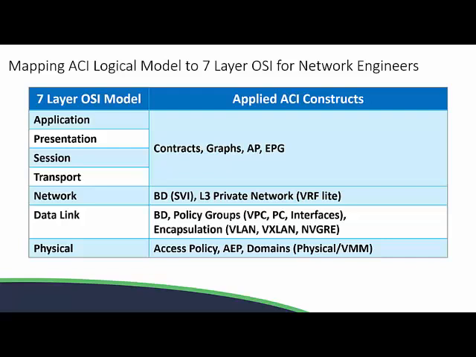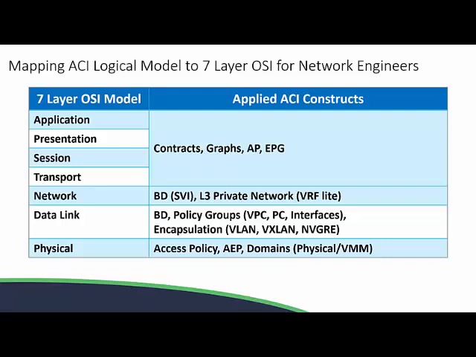As you can see, at physical layer 1, we have our access policies, AEPs, domains, which we will cover. Data link, layer 2, bridge domain, policy groups, VPC, port channels, interfaces, and encapsulation, VLAN and VXLAN. At the network layer, we've got our pervasive SVI, which is our bridge domain spread across all the leaf switches.